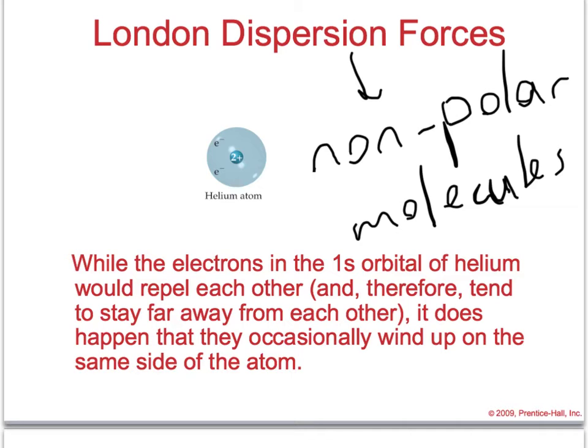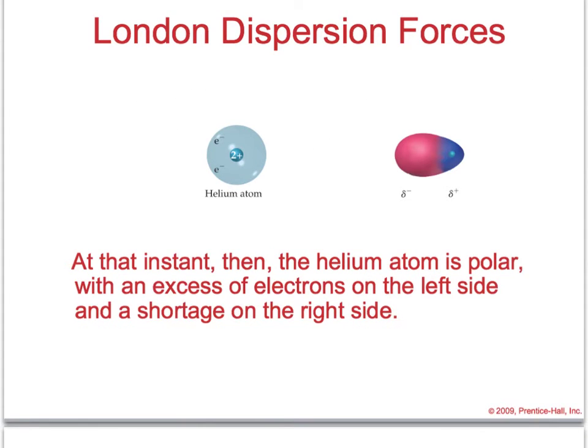It's a weak force. Is it an intermolecular force or intramolecular force? Intra. It happens in the helium. And it is part of the van der Waals forces. Let's go back then.